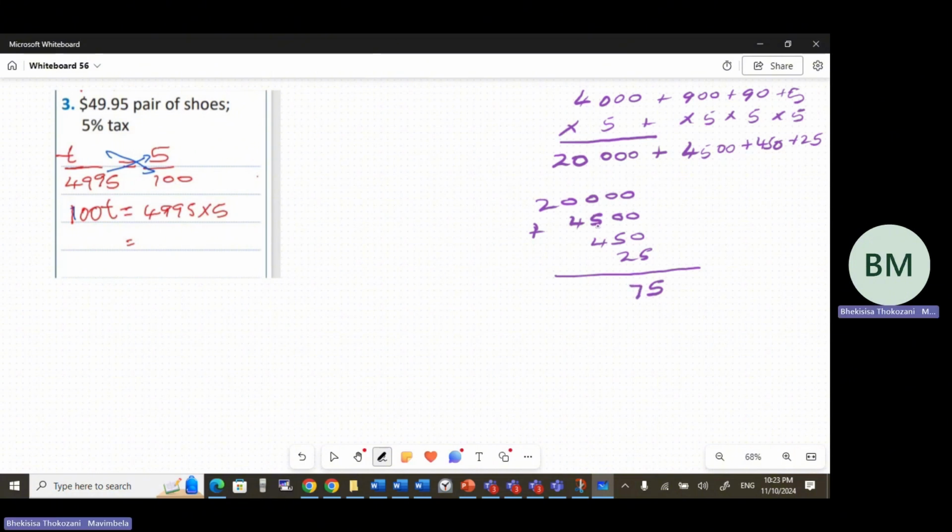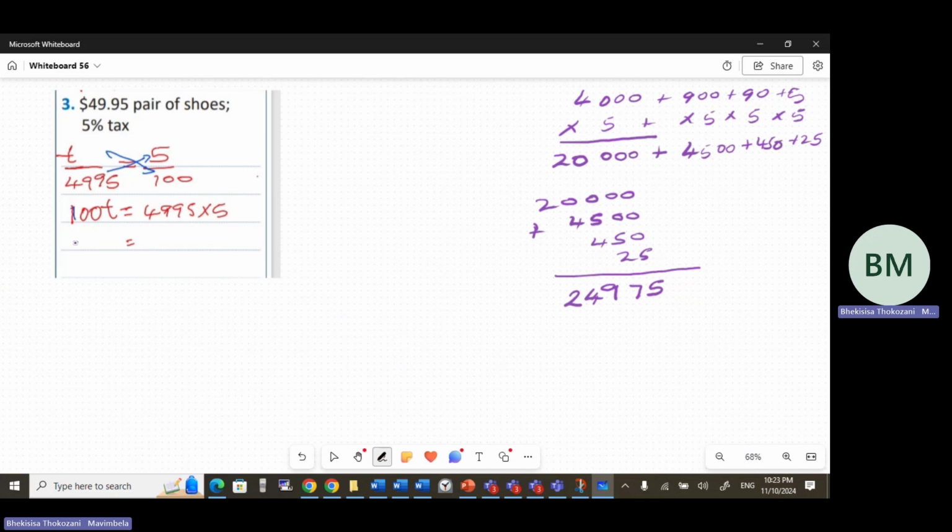And here 0 plus 5 plus that, I've got 9. 0 and 4, so that's 4. And now I'm left with only that 2 there. So I've got this big number, 24,975. Okay, so I'm going to bring it here now.